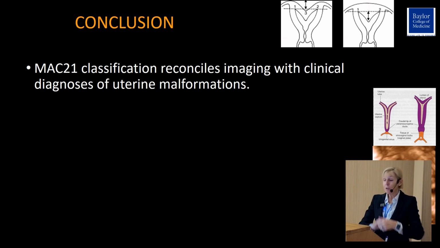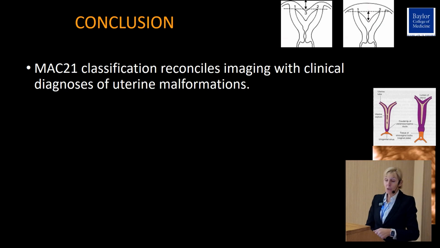So in conclusion, the MAC 2021 classification tries to reconcile imaging with the clinical diagnosis of uterine malformation because they went back to the 10 millimeter rule that we've been adopting since Dr. Fedele's publications in the 80s, actually.